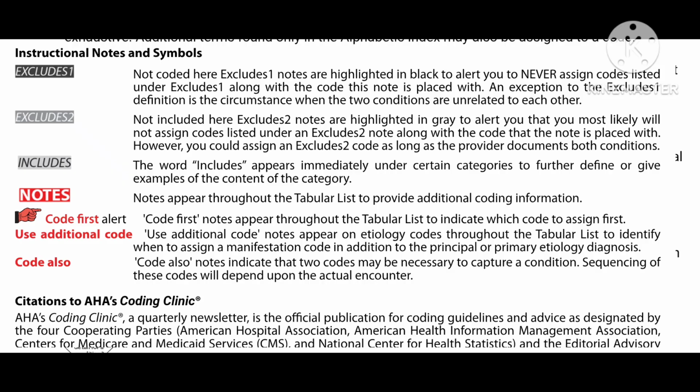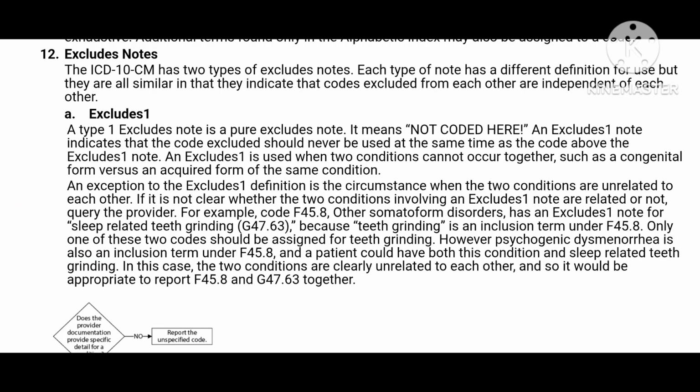And if you find excludes 1 notes under any code, it says that the particular diseases which are given under this excludes 1 should never be reported with a code above this. So you can never code these diseases together which are given under excludes 1. That is the important thing you have to follow. So when something is found under excludes 1, don't report it together with the previous code. That is the thing you have to understand.